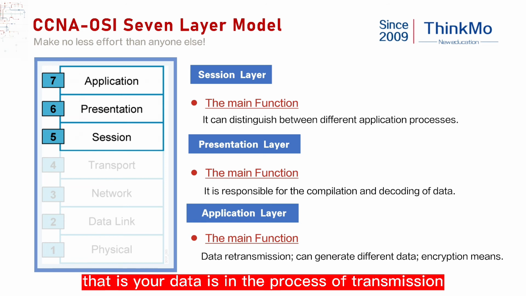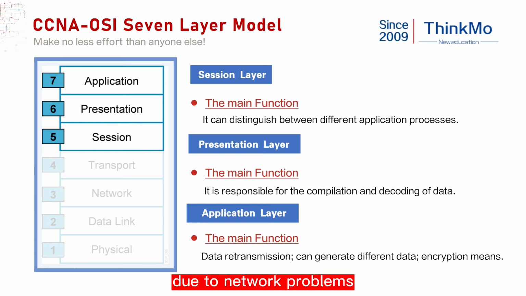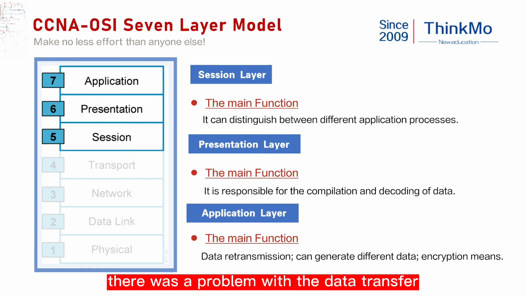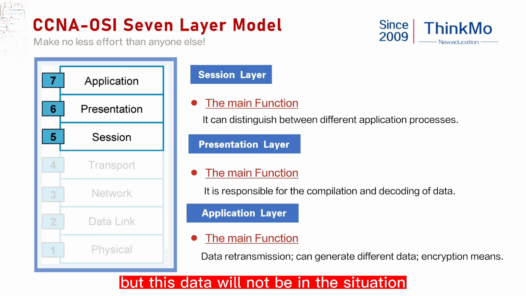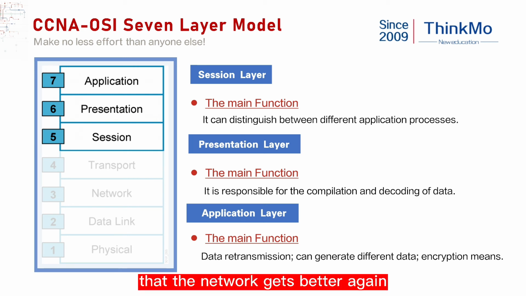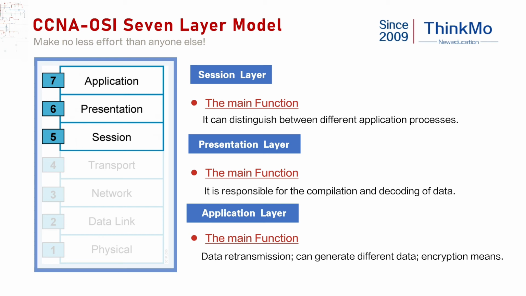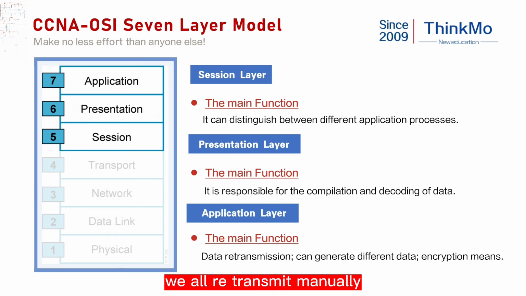That is, your data is in the process of transmission, and due to network problems there was a problem with the data transfer. But this data will not be automatically delivered for you when the network gets better again. We cannot retransmit automatically; we all retransmit manually.